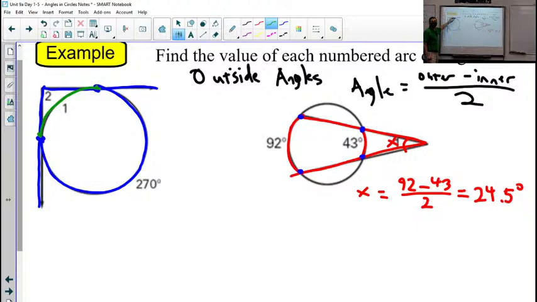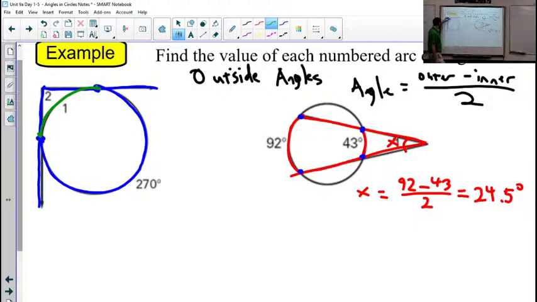Oh, click. We have the whole circle again. So I know this part is 270. So this part here in green has to be the rest of the circle. So the whole circle, still 360 degrees.